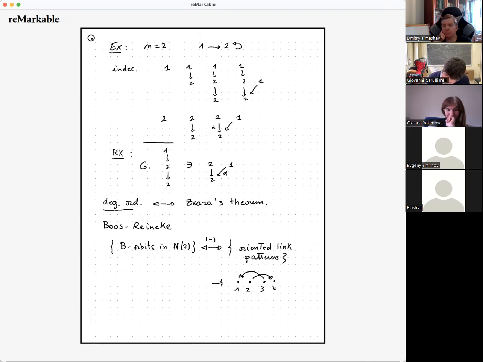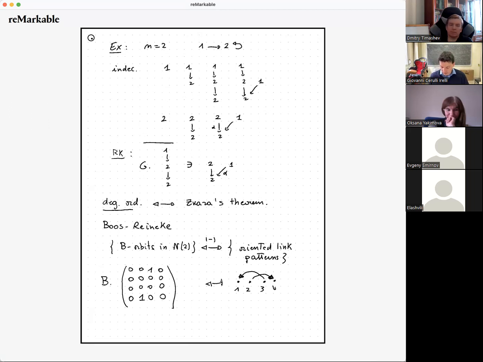Then this combinatorial object corresponds to the orbit of the matrix where 1 goes to 0, 2 goes to 4, 3 goes to 1, and 4 goes to 0. And so this is the parametrization of the orbits.